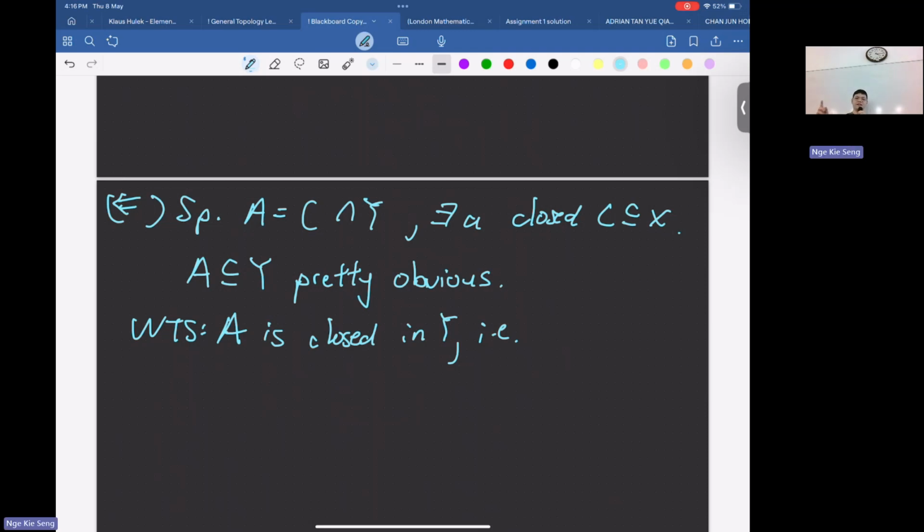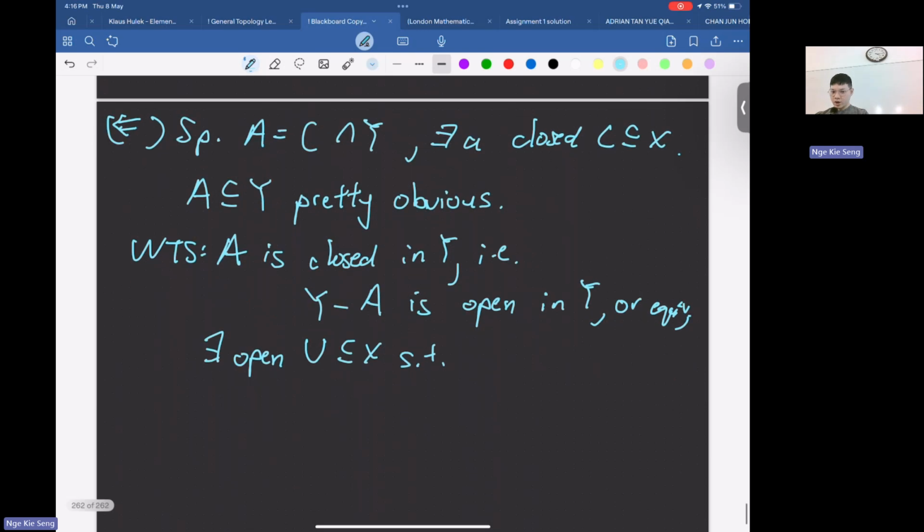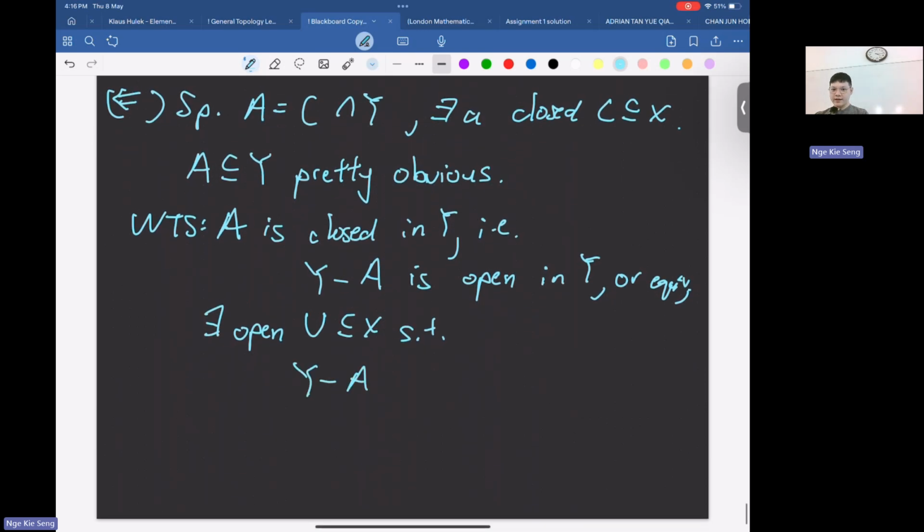A complement in Y is Y minus A. Okay, it's open in Y. Or equivalently, by subspace topology, there exists an open U in X such that Y minus A equals U intersect Y.